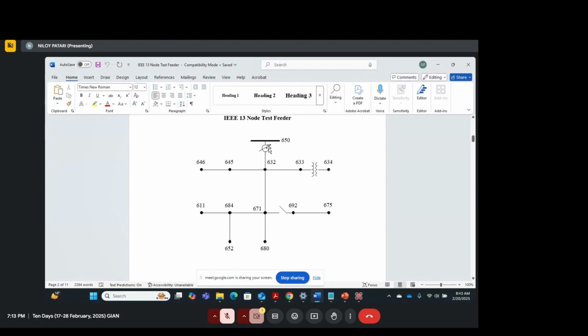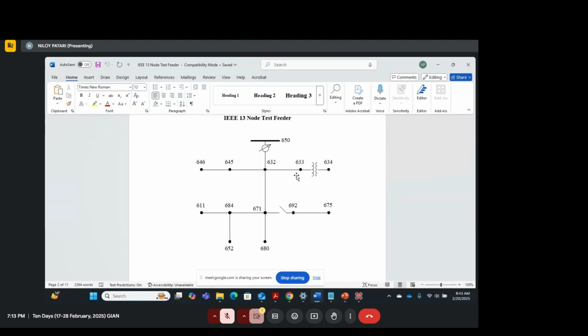This voltage regulator boosts up the voltage, and then it is connected to different nodes. Then you have 632, 633, 634, and all of this. This is unbalanced, as well as a multi-phase feeder. There are some nodes which don't have all ABC phases. There can be single phase nodes also, and the others are definitely 3 phases, but you can also have 2.